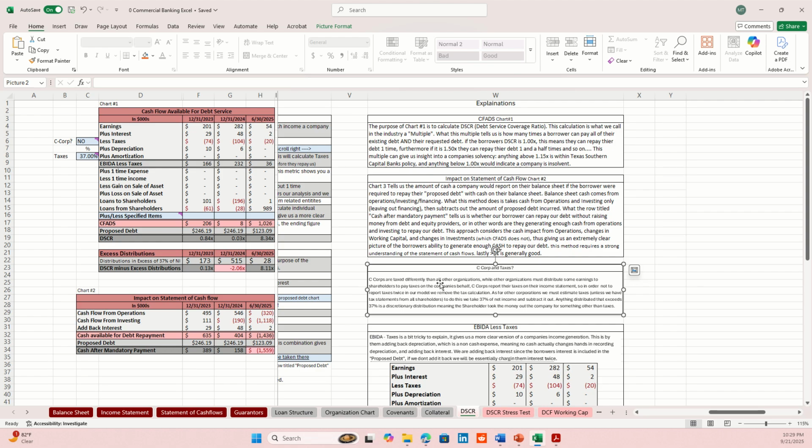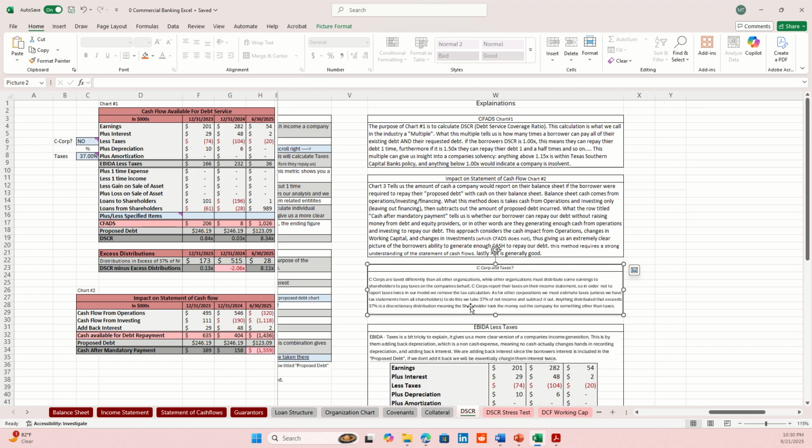C Corps are taxed differently than all other organizations, while other organizations must distribute some earnings to shareholders to pay taxes on behalf of the company. C Corps report their taxes on their income statement. So in order not to report taxes twice in our model, we remove the tax calculation. As for the corporations, we must estimate taxes unless we have tax statements from all shareholders.